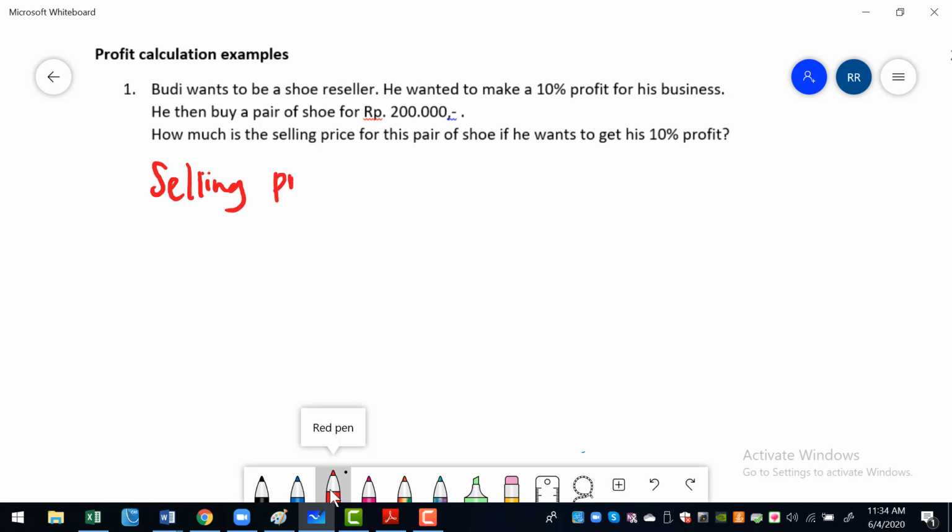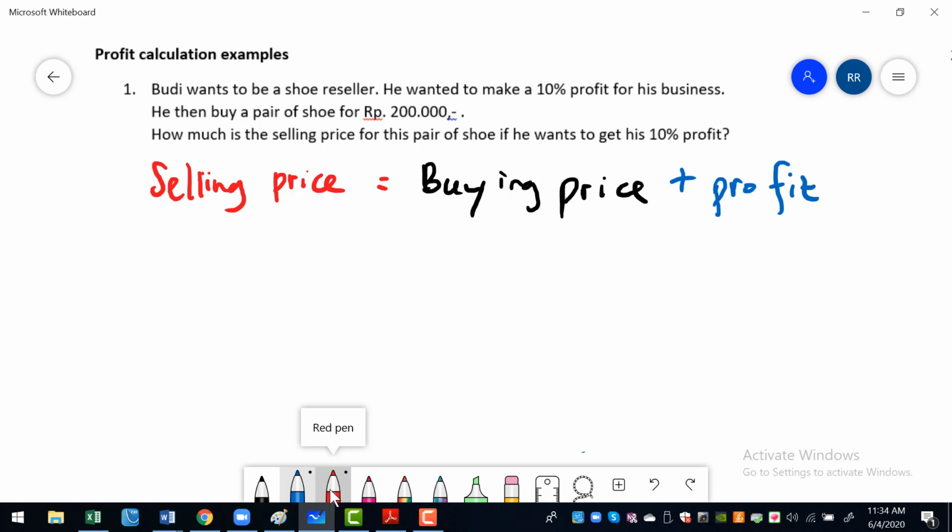The selling price is equal to the buying price added with the profit. So as we know, this information here is the buying price, right? And he wanted to have 10% of profit.